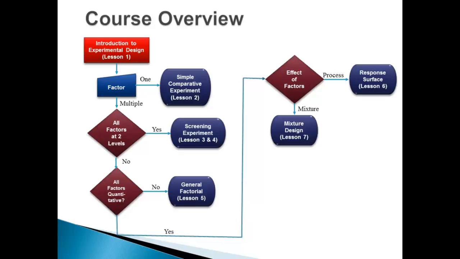And if all the factors are quantitative, we look at whether the effect of factors is for a process or for a mixture. If it's in a process, we will look at lesson 6, where we discuss response surface methodology. And if it's in a mixture, we will look at lesson 7, where we discuss the mixture design.